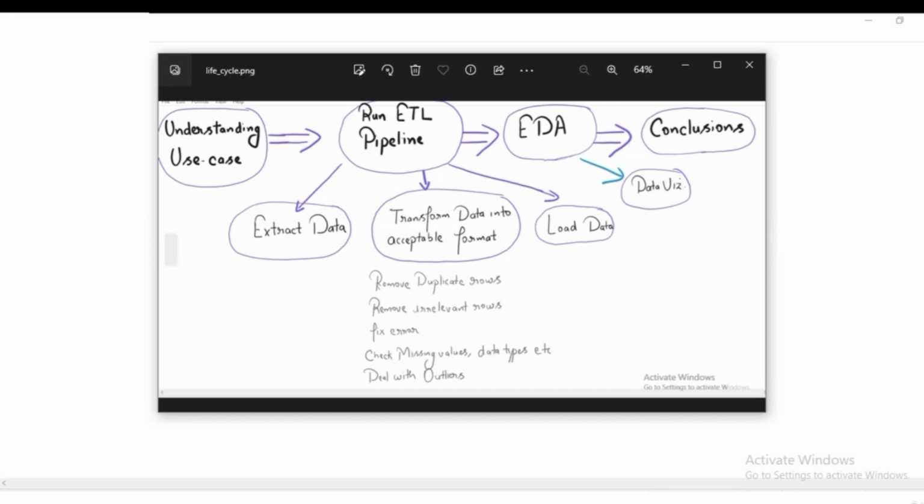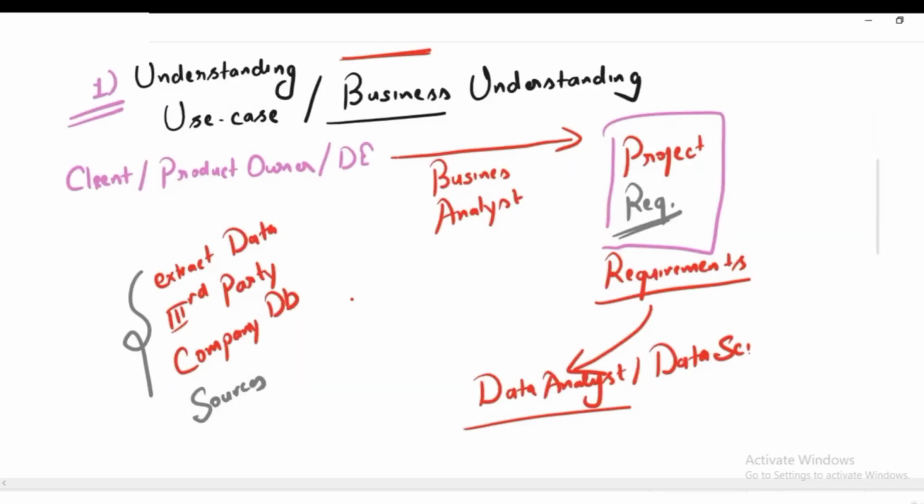The main takeaway of this stage is that you have to write down all the project requirements that you need, so that you can ask basic questions like, from where can I extract data? Is this data available at some third-party APIs, or at some live stream APIs, or in the company database? Are there any possible sources from where I can collect data? Do we have more sources like that?